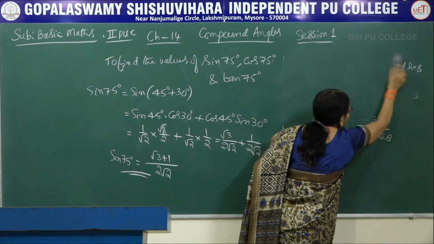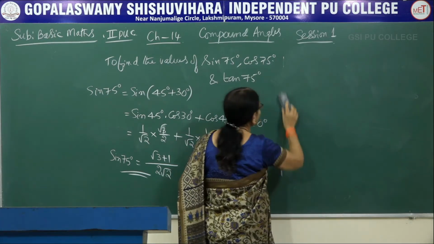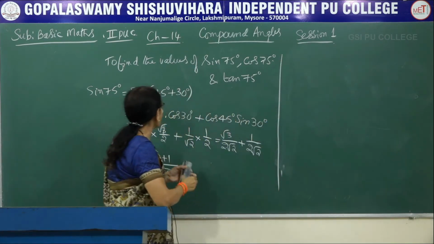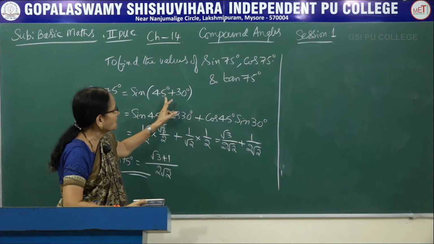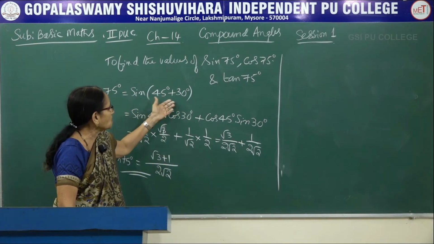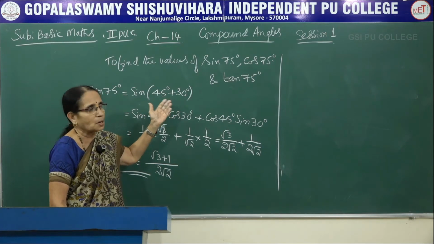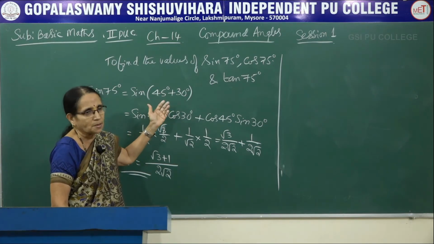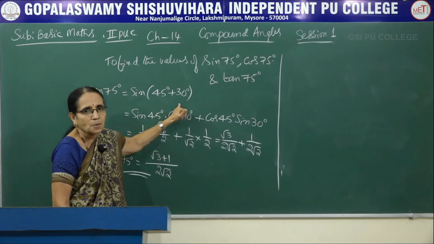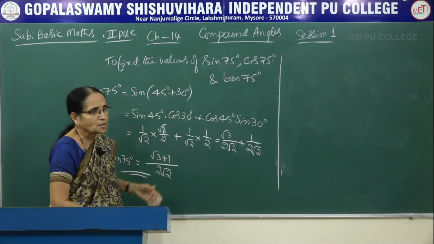Then you have to split and write like this, 45 and 30, or you can write 30 and 45 also. You can write sine of 30 plus 45, even then you will be getting the same value, because you know that addition is commutative. A plus B equals B plus A. Therefore, either you can write 45 plus 30 or 30 plus 45, you will be getting the same result.